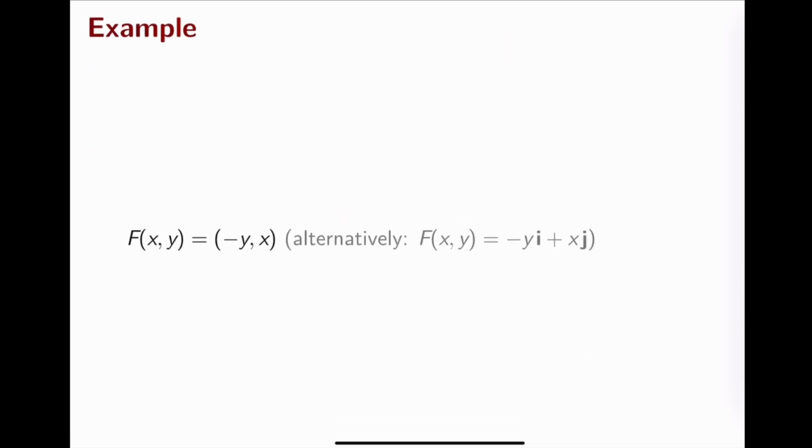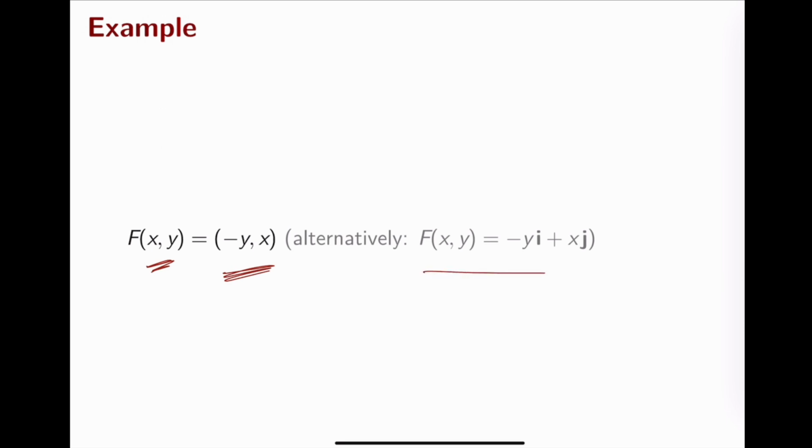So for example, let's see this vector field. This is a vector field that associates to each point (x, y) in the two-dimensional space the vector (-y, x).